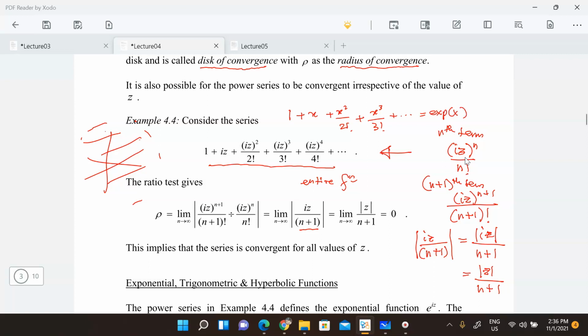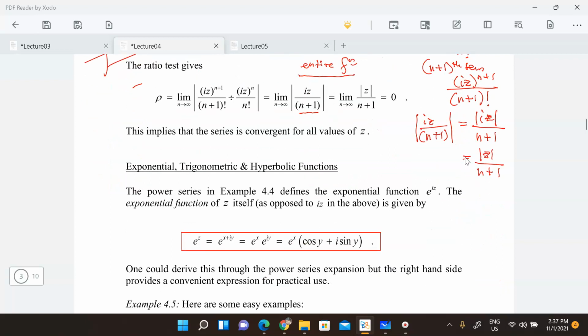So in other words, over here, this is really exponential iz. So we have demonstrated a function of a complex variable, which is convergent for all values of z. So you already have seen one example of the exponential function of a complex variable.